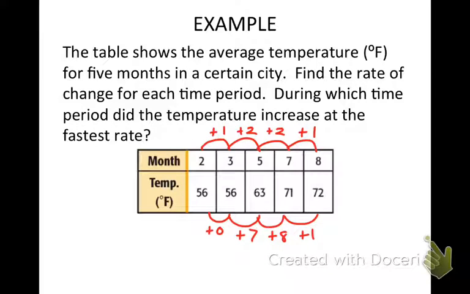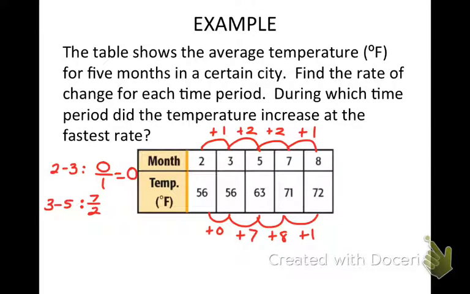Because what is rate of change? Rate of change is your y over your x. So let's make a list over here. So from 2 to 3, our change is 0 over 1, which is 0. Month 3 to 5, what's your change? 7 over 2.